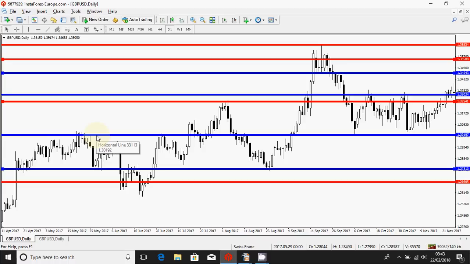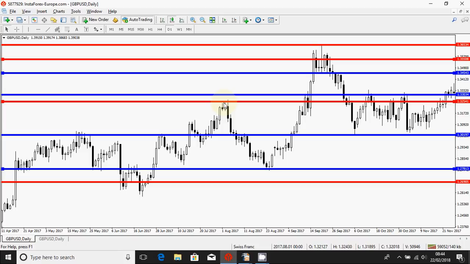Rule number 2: wait for confirmation of a price reversal before jumping into a trade. Because we have said this is a reversal point, this is a resistance point, it doesn't mean that when price touches it you immediately sell. You have to wait for a confirmation that price will reverse.